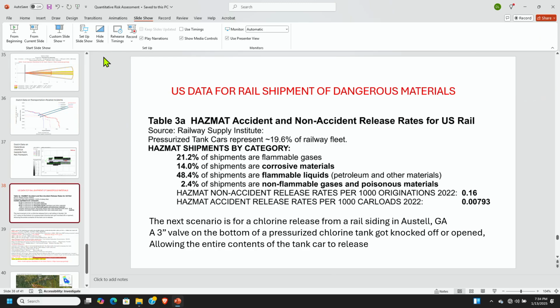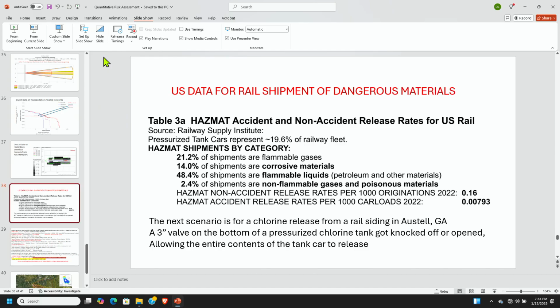All right. Now, by comparison, U.S. data for hazardous rail shipments: 21.2% of all shipments are flammable gases, 14% are corrosive materials, 48% are flammable, and 2.4% are non-flammable gases and poisonous materials.